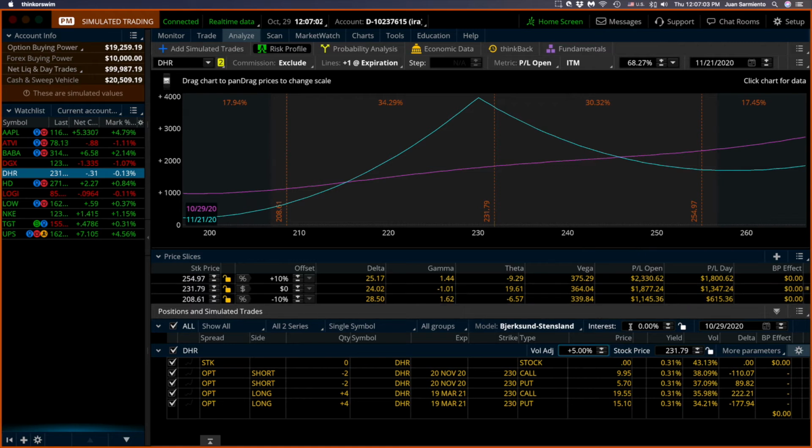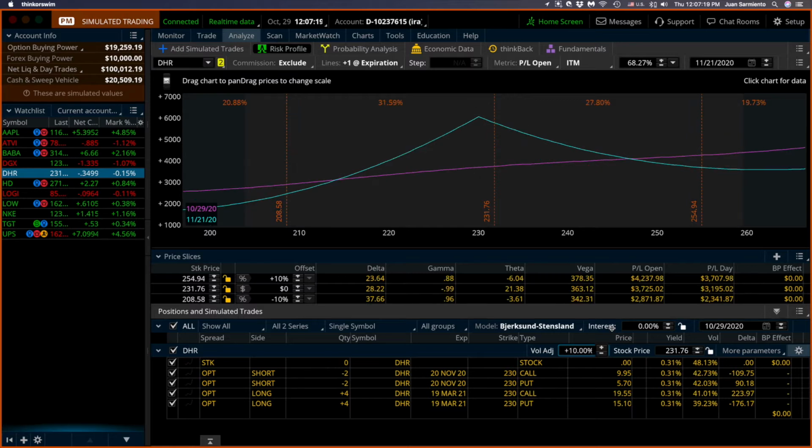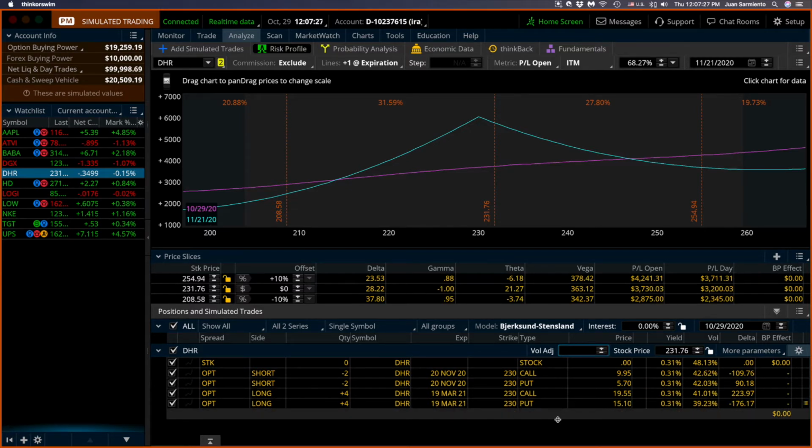See that? It goes from zero, PNL since the open is $55, to $85. But if the volatility goes up 10 points, then I have $3,700 in profit. So we want volatility to increase, but that doesn't always happen.